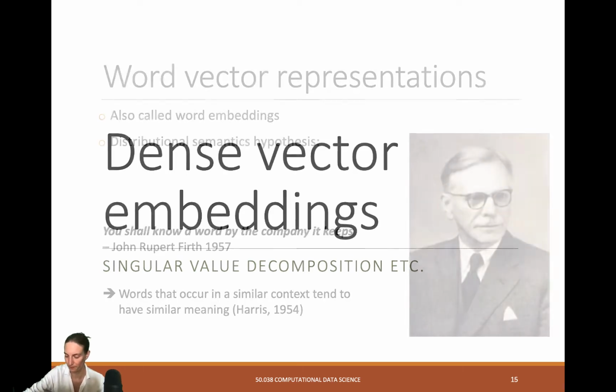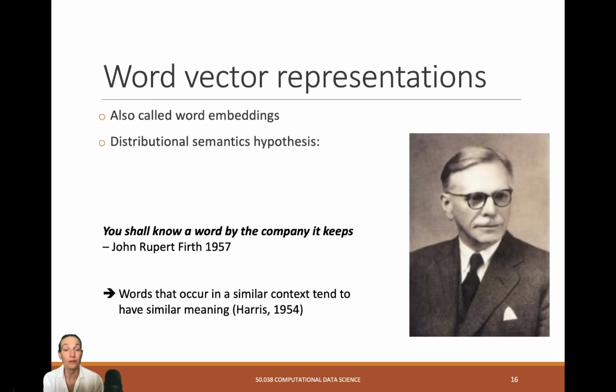All right, to understand word vector embeddings, we need to look back at John Rupert Firth, who basically posited the distributional semantic hypothesis. He said, "You shall know a word by the company it keeps." What does this mean?